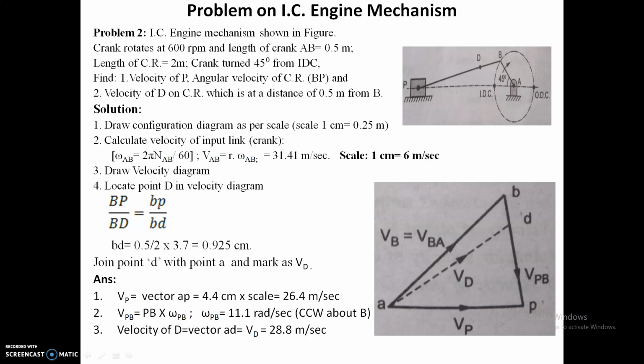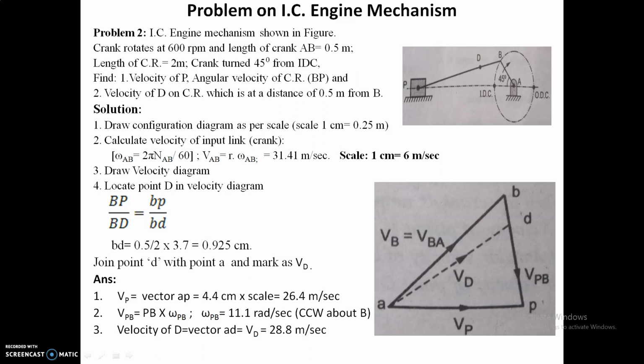Now the point D, which again lies on the connecting rod, is at a distance of 0.5 meter from capital B. So again, you have to locate the D point on the velocity polygon as we have located the D point on the configuration diagram. Now how to locate the point D on the velocity polygon?